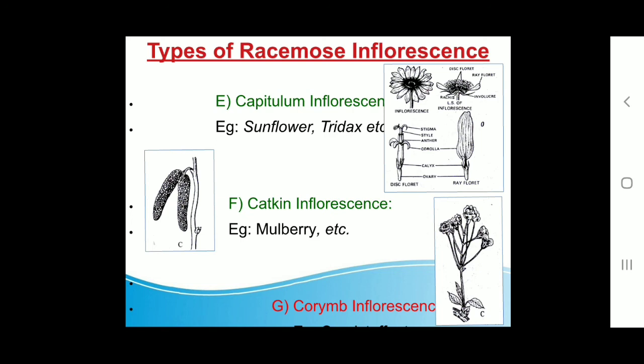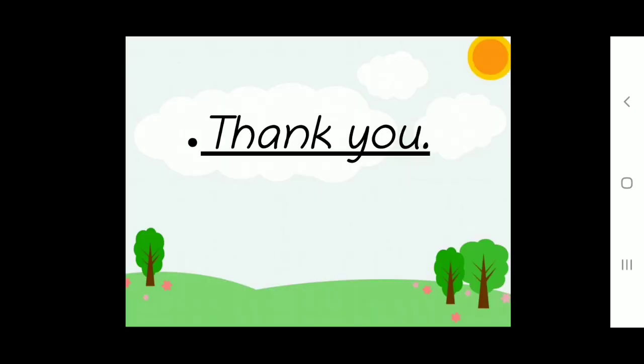Then the next type, that is the catkin type of inflorescence, which is characterized by a pendulous spike with an elongated main axis. It bears naked pistillate or staminate flowers. Example: mulberry.